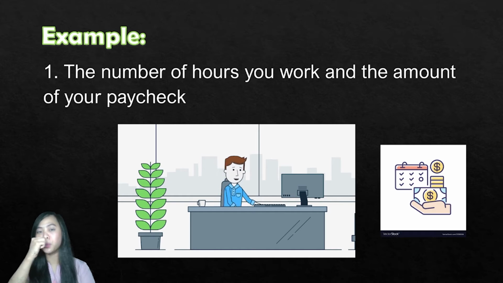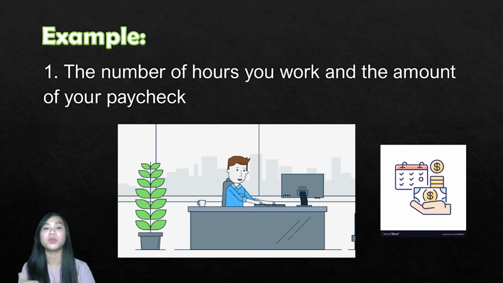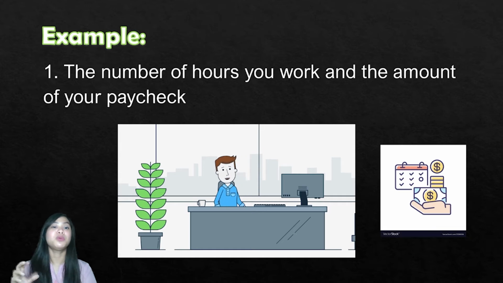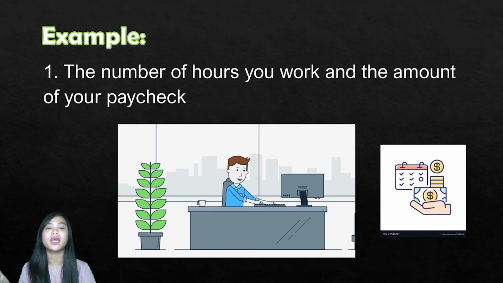When you are working 8 a.m. to 5 p.m., you are getting a specific minimum paycheck for that day, and as you go along and have more days or more hours worked, of course you will have more amount for your paycheck.